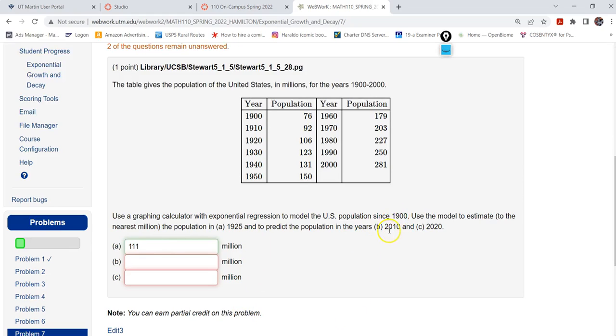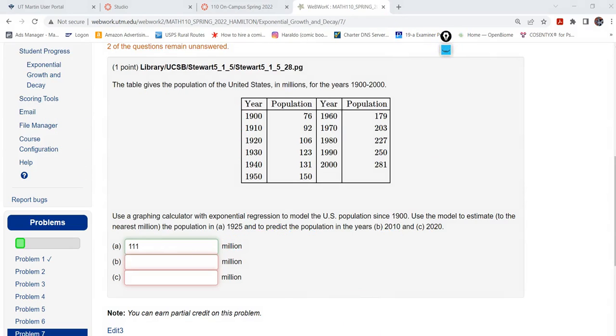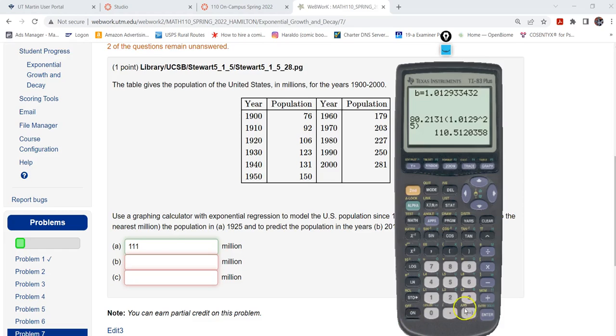Okay, so for the year 2010, well, your time began in 1900. So for the year 2010, that's going to be 110 years after 1900. So I'm going to do the same thing, but I just want this formula where t is equal to 110. So I'll go back to this formula, but now I'm going to use 110 for my t value.